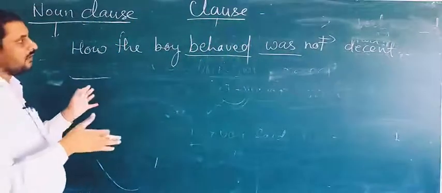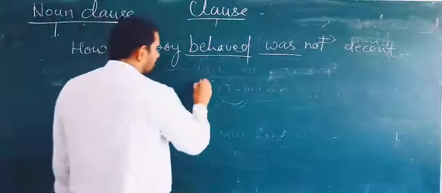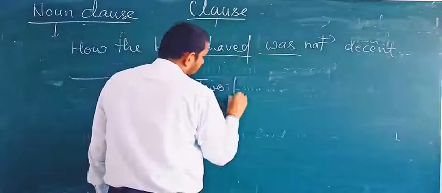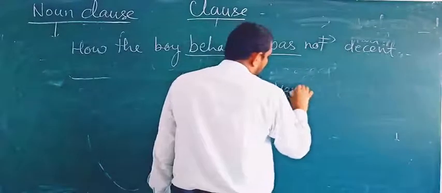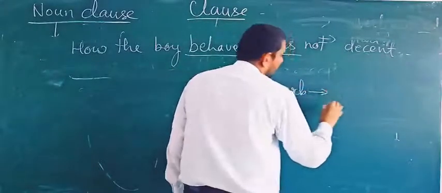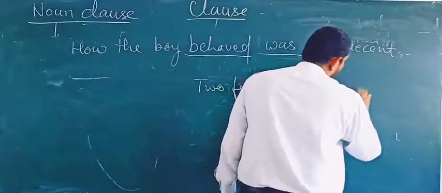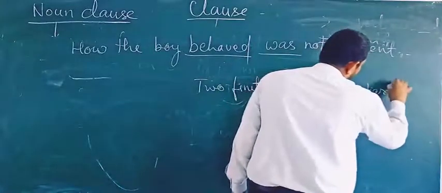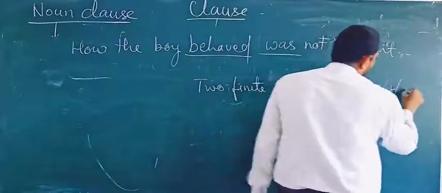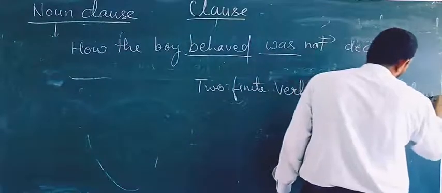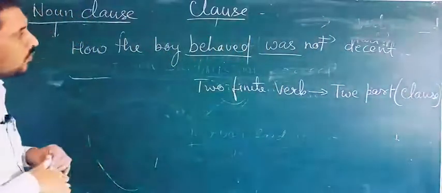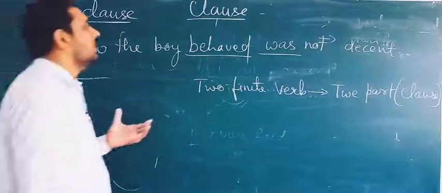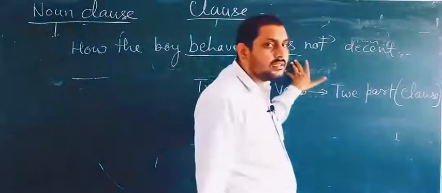Two finite verbs mean two parts of a sentence, that means clauses. Okay, so you just see what was not decent.